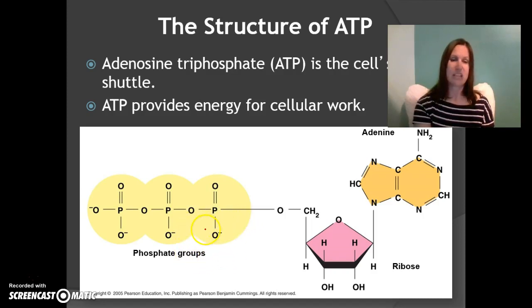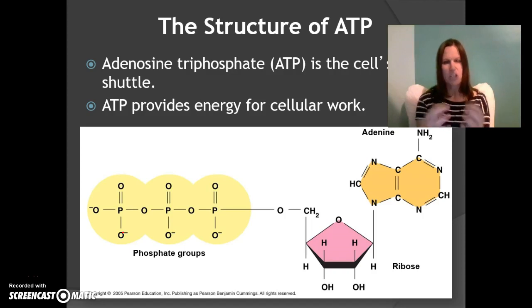Now, take a look at this. Our 3 phosphate groups all have a negative charge. And I know you guys are very aware that like charges do not like each other. So you have these negative charges all bunched together, and they don't want to be. They are not happy about it.